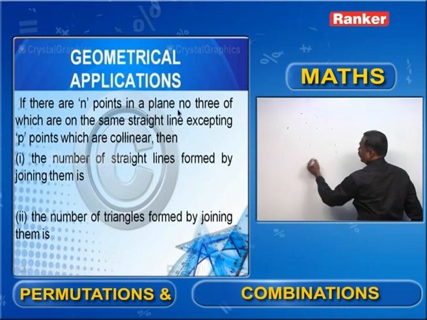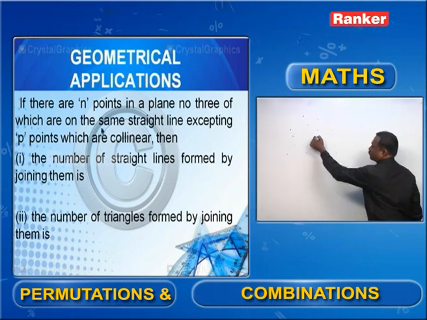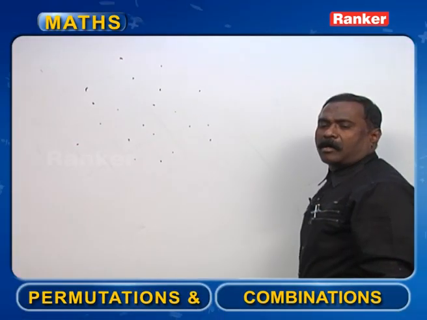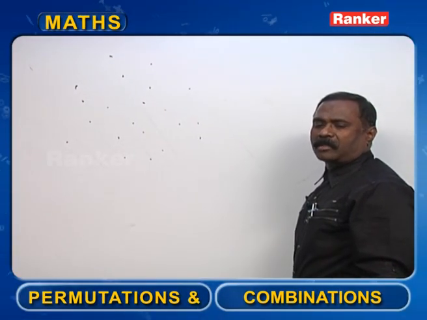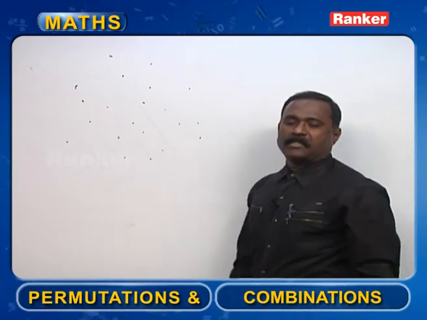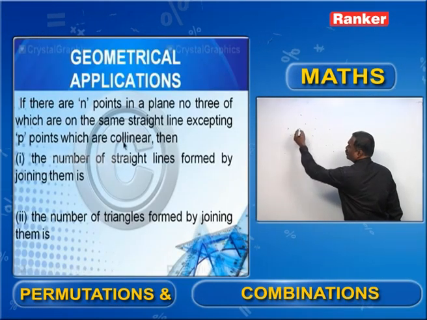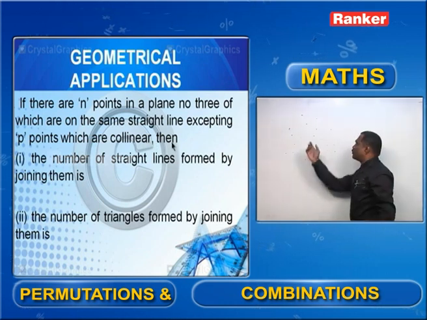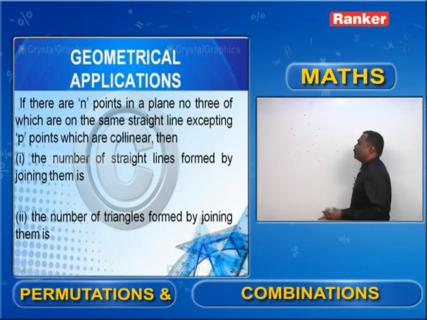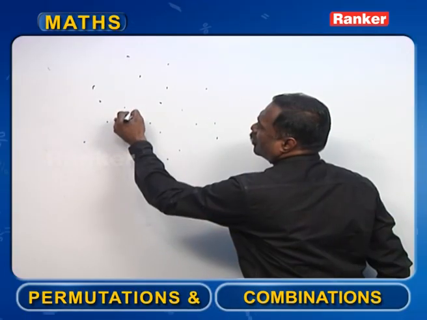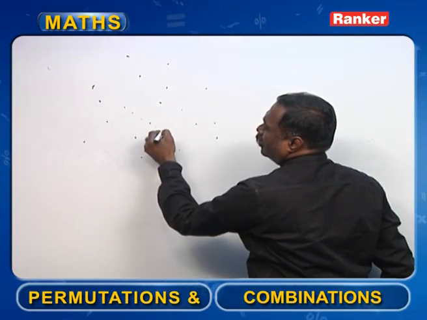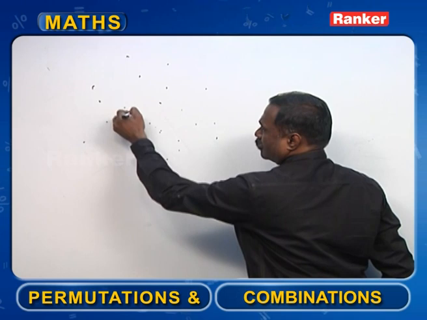Let us suppose there are n points on a plane. From n points, no three of which are on the same straight line, excepting P points which are collinear. No three of these are lying on the same line, but only P points are lying on the same line, like this.